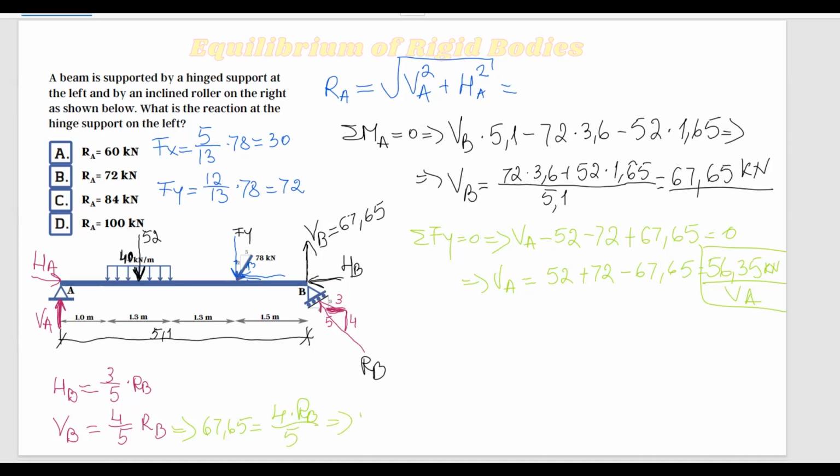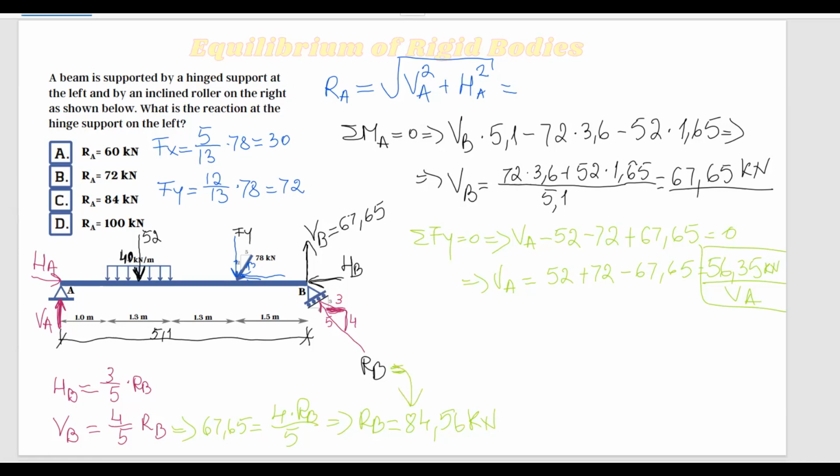From here, RB is equal to 67.65 multiplied by 5 divided by 4. So RB equals 84.56 kilonewtons. So this is the inclined reaction over here.